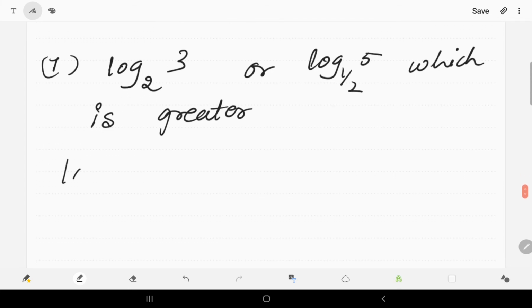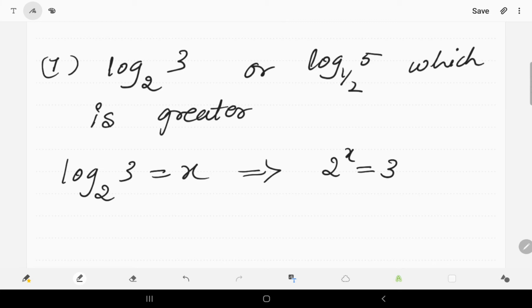So let log of 3 to the base 2 be denoted as x. This implies that 2 to the power x is equal to 3. 2 to the power x equal to 3 implies that x is greater than 1.